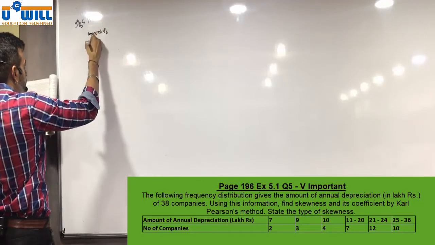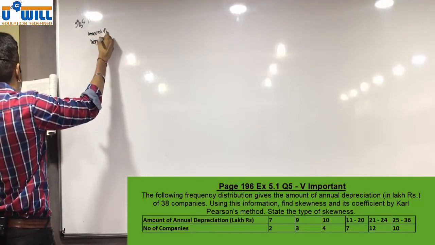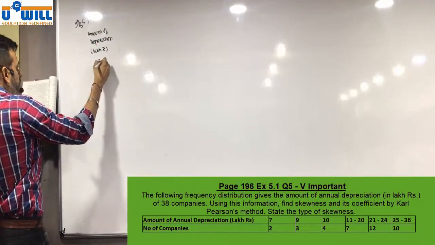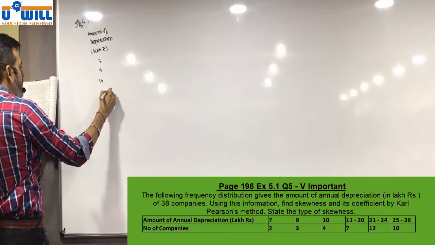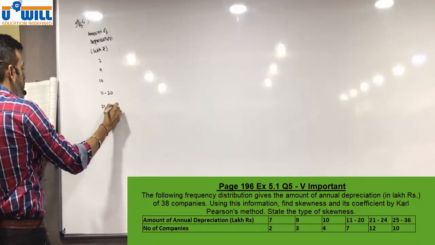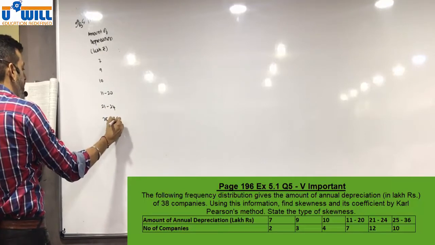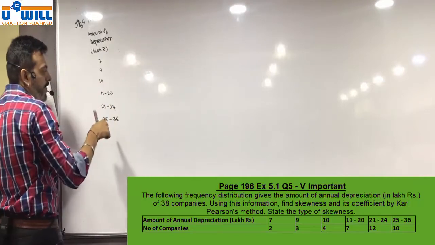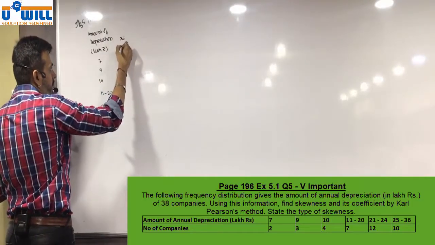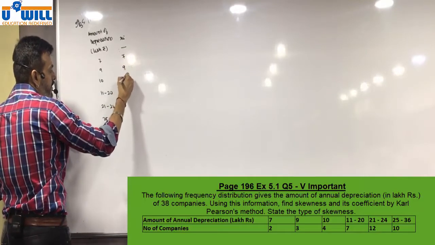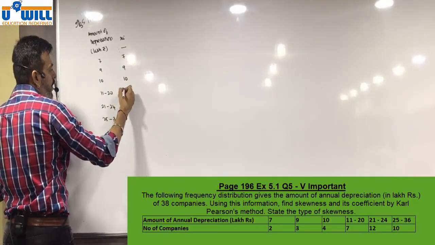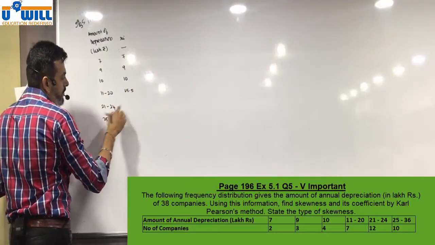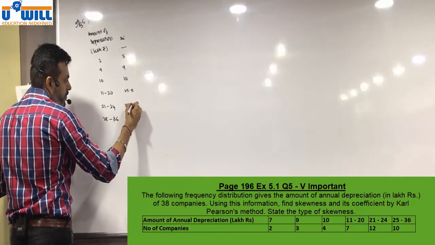Amount of depreciation in lakh rupees: 7, 9, 10, 11 to 20, 21 to 24, 25 to 36. Number of companies. Now we have to find the mean. So next is xi. 7 as it is, 9 as it is, 10. 11 to 20, so 31, so 15.5. 21 to 24, so 45, so 22.5.